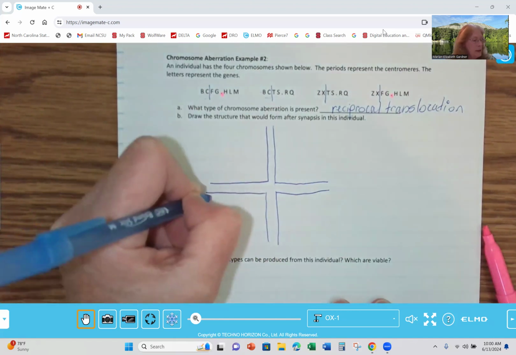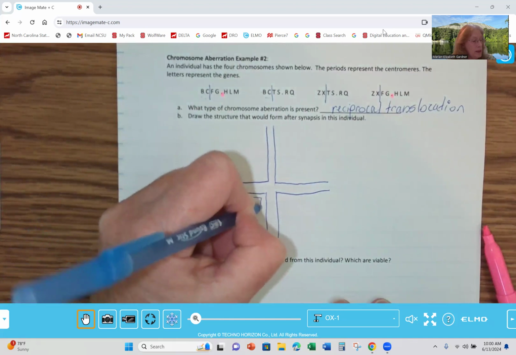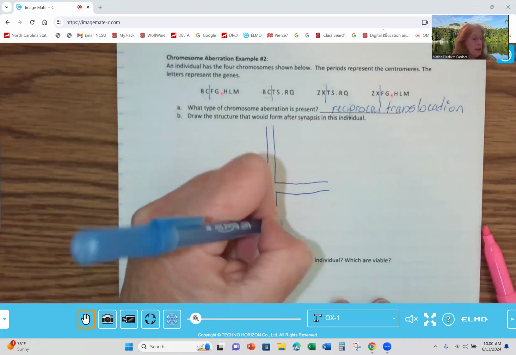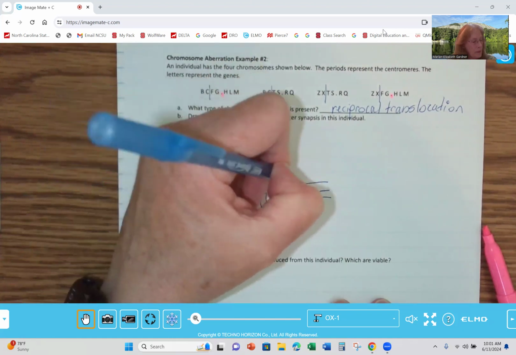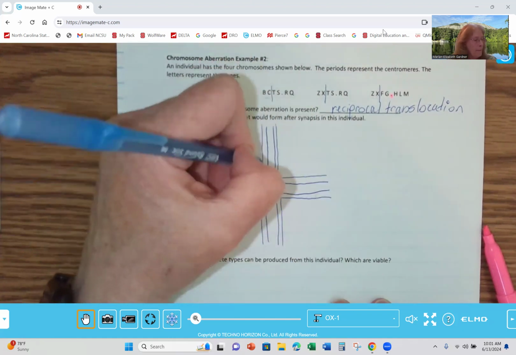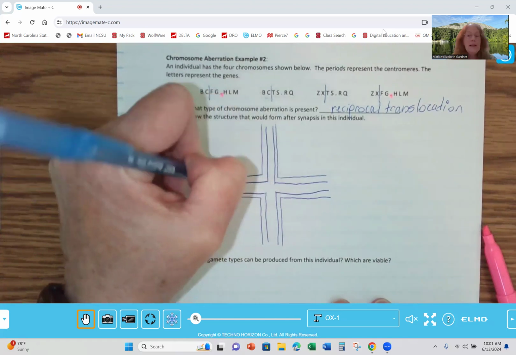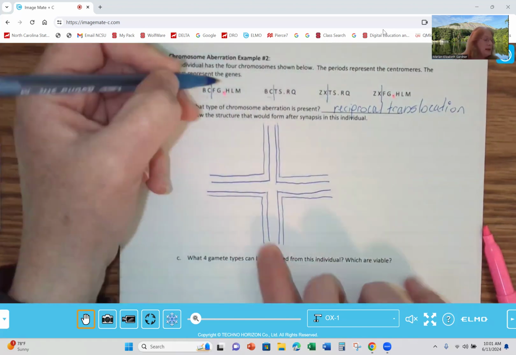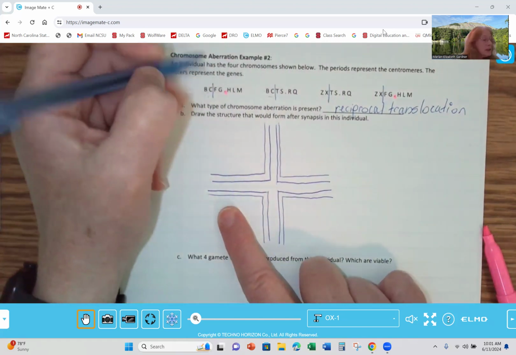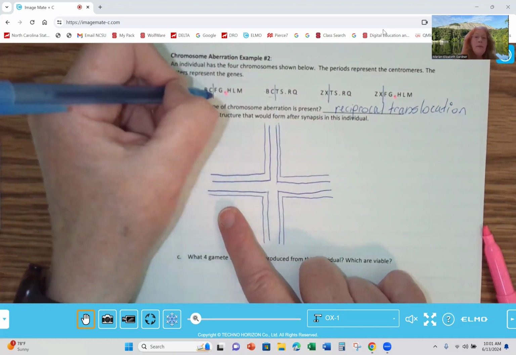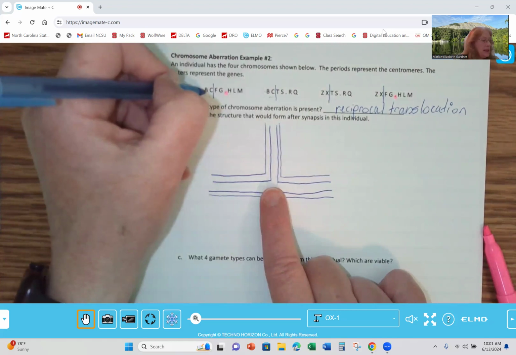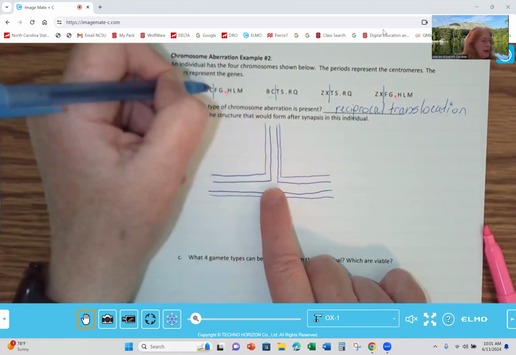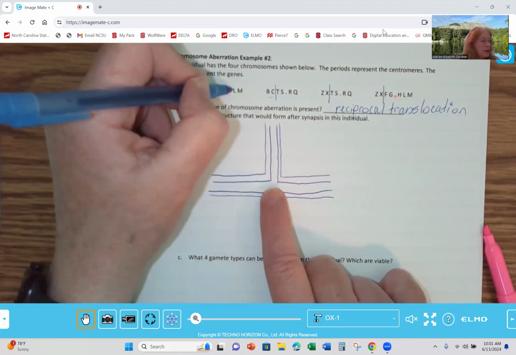And again, synapsis occurs when there are two chromatids on every centromere, so I'm drawing the second chromatid now. It doesn't matter which of these I begin labeling. I'm just going to start with this one. Where I've made the line, that's like the corner. So BC, and then there's the break point, FG centromere HLM.